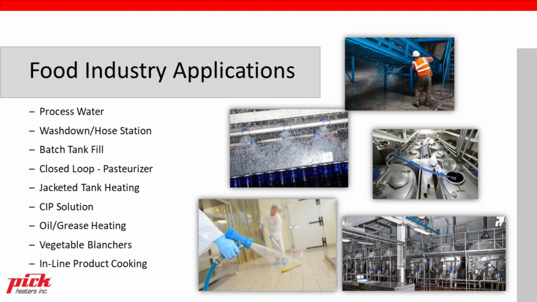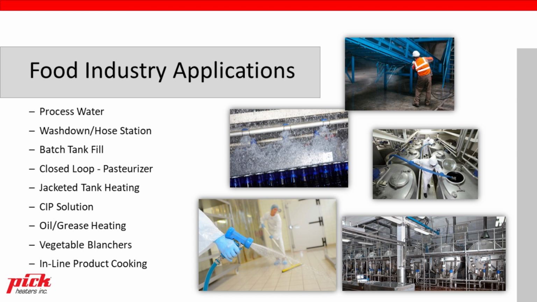Also jacketed tank heating, so a similar closed loop application where you're heating a product in a tank. Maybe it's a soup or stew or gumbo or something like that. Hot water can be used and circulated through that jacket. CIP solution, another very common application for DSI heaters.